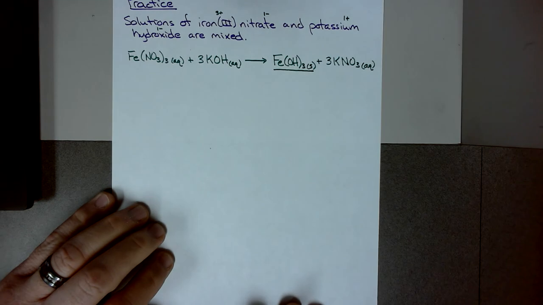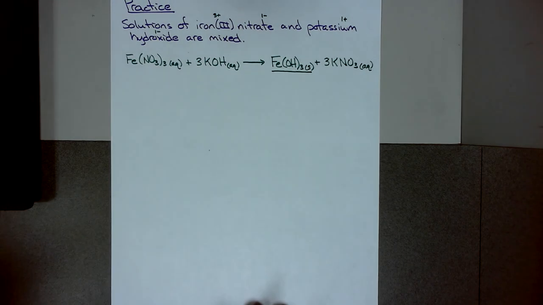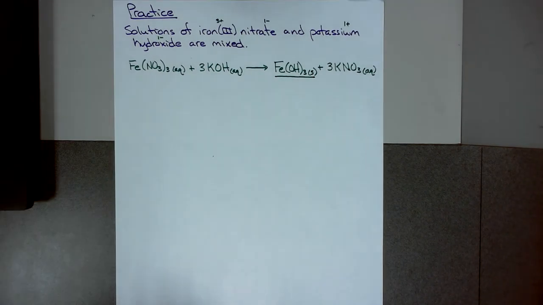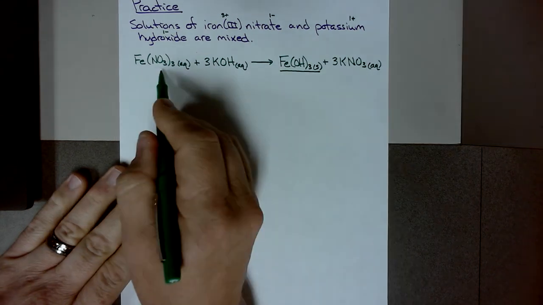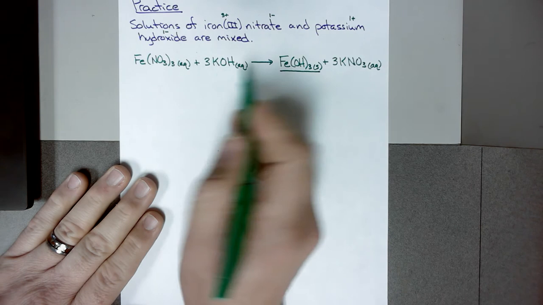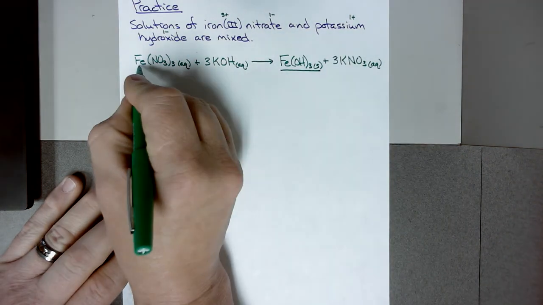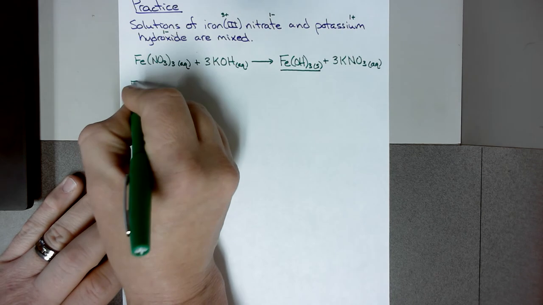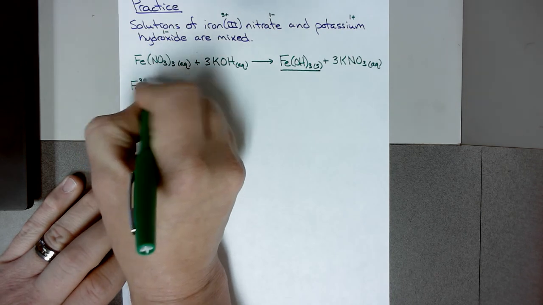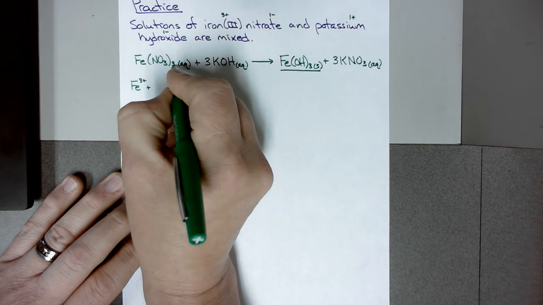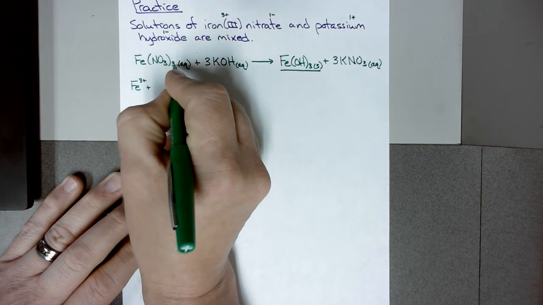Now the next thing is, to practice, we're going to do the total ionic equation. And the total ionic, we're just going to dissociate everything that is aqueous. And in this case, we have 1 iron, so that's going to be an Fe 3 plus, now there's 3 nitrates, right? This subscript means there's 3 of these.